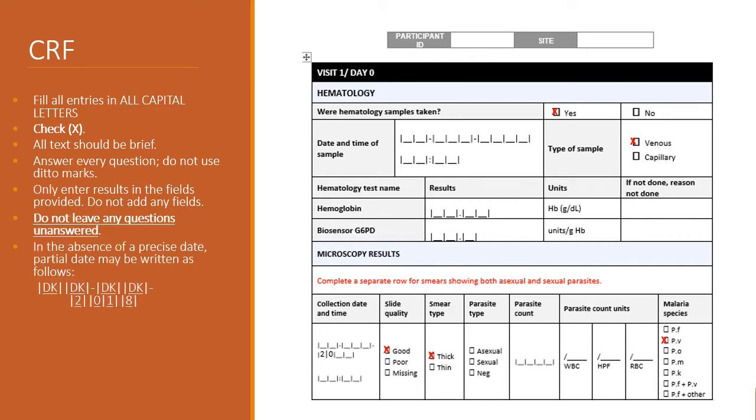Don't leave questions unanswered, and in the absence of a precise date, you can write DK for don't know and the year. Please use 24-hour time, and when making a mistake, simply cross out the entry, write the new entry, initial, and date the error.